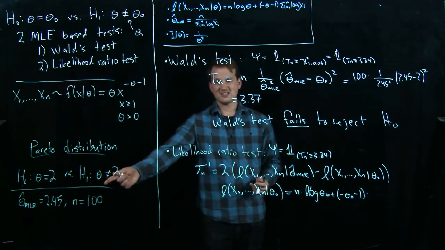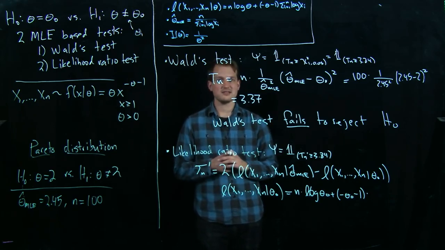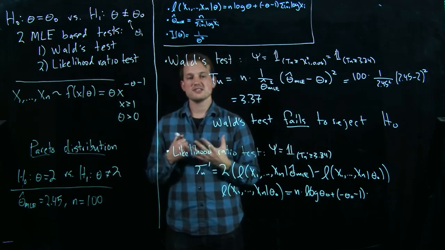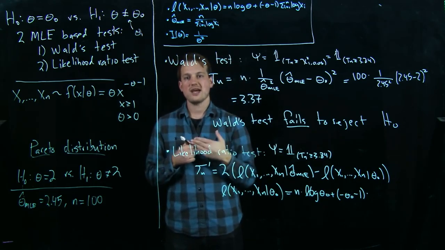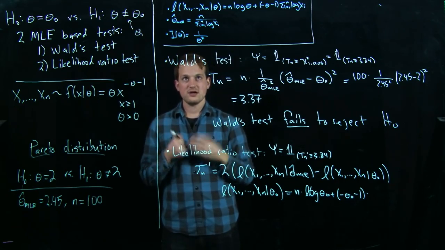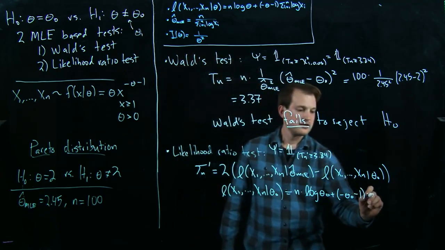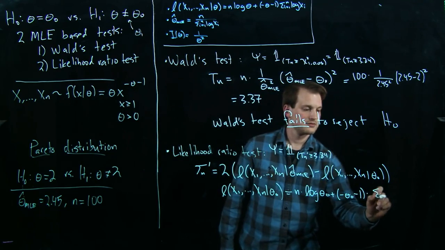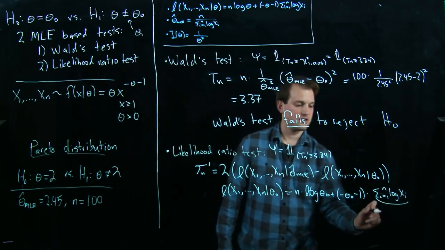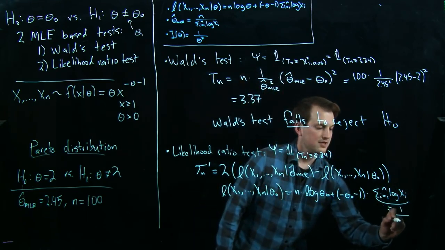Now in this case, I didn't give you what the xi values are. I only gave you the value of the MLE. But remember that the MLE is n over the sum of the logs. So 1 over the MLE will just be the sum of the logs over n. What this means is that the sum of the logs equals n over the MLE.